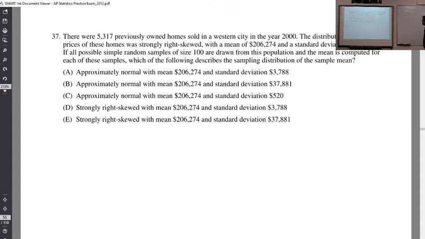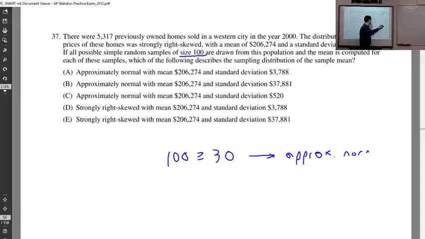So it gives the mean and standard deviation, and then it gives samples of size 100. So this is the sampling distribution. First off, since the size is 100, and 100 is at least 30, the distribution is approximately normal.